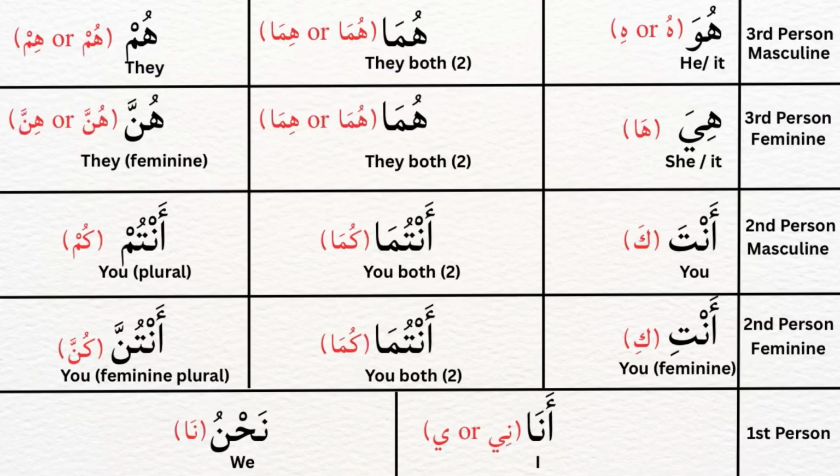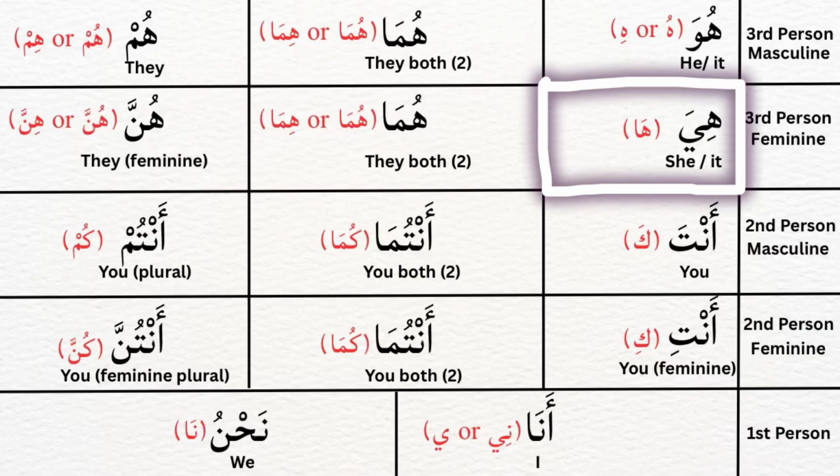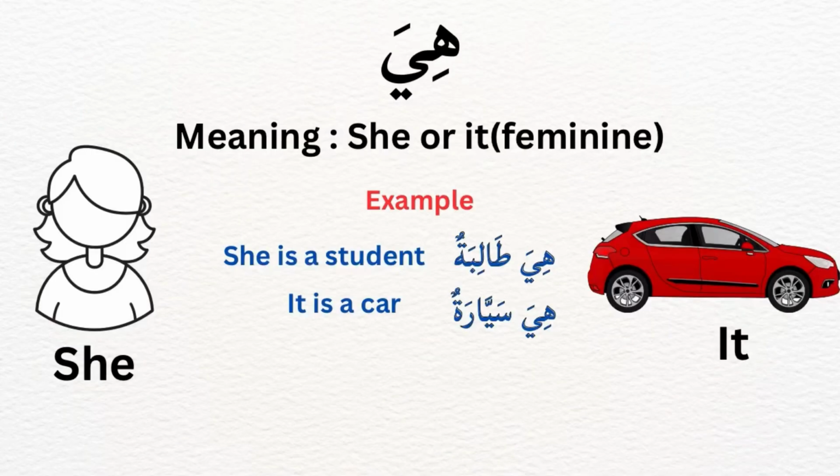The whole row is the feminine row, third person. It starts with hiya. This is for a single female, meaning she. Or it can also mean it if the object is feminine. As I said earlier, Arabic has two kinds of nouns, masculine and feminine. So for a feminine object, you can use hiya.